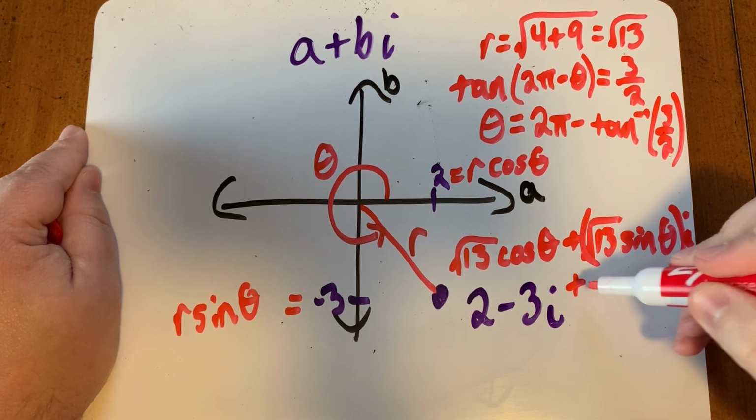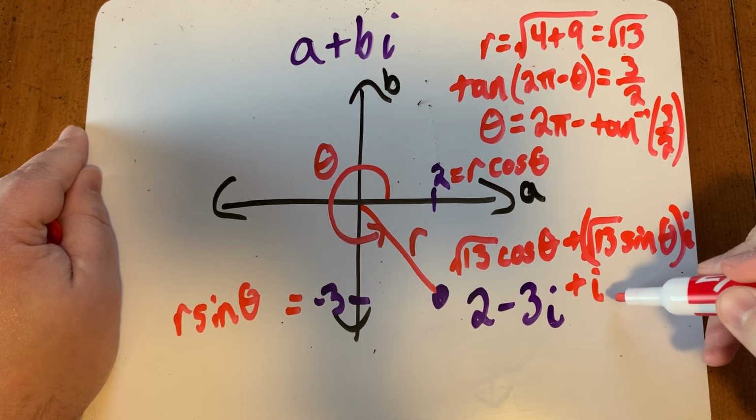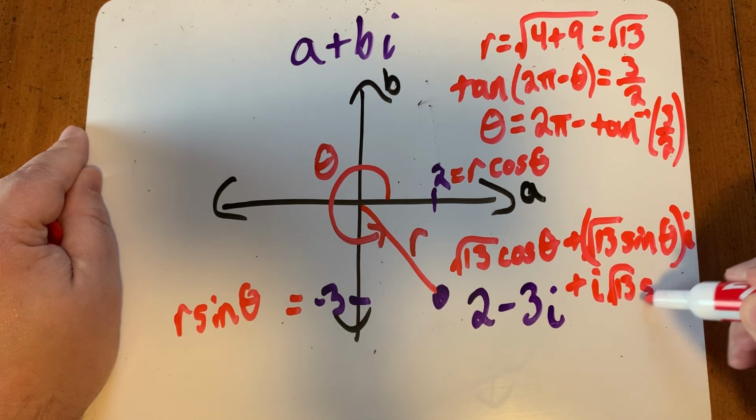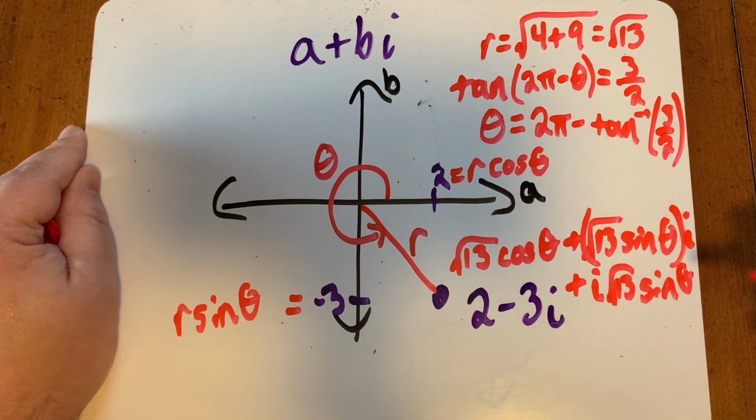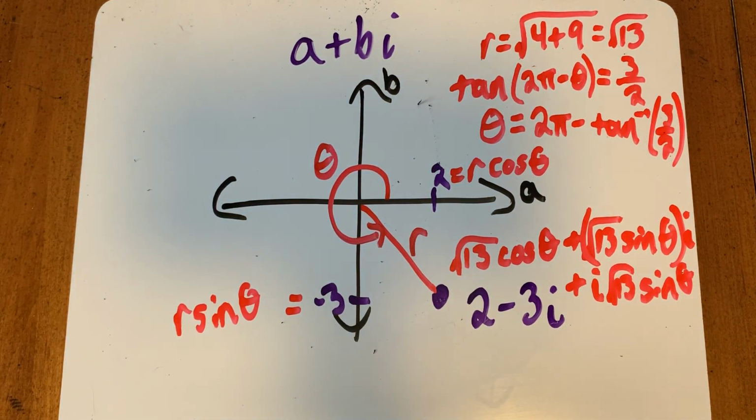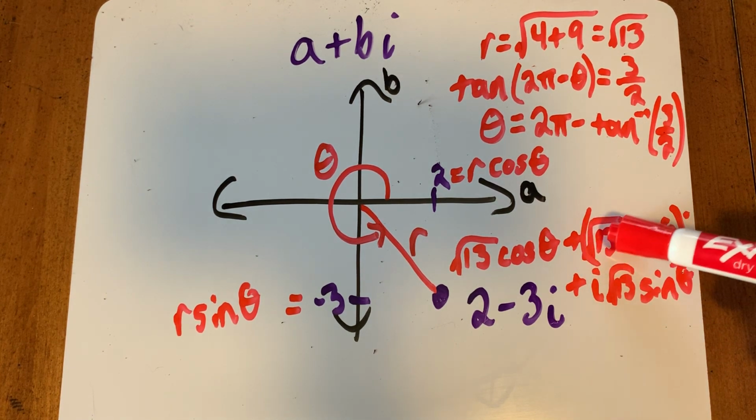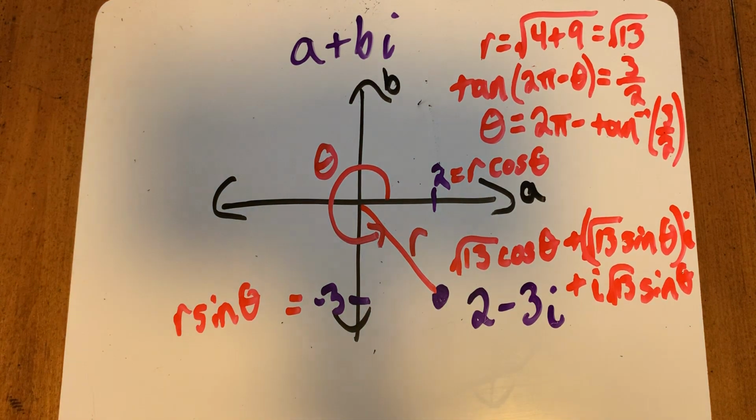Most of the time you'll actually write it as plus i root 13 sine of theta, just putting the i out front. So this number is the same thing as that number. It's just the polar form, also known as the trigonometric form, of that complex number. So they say the same thing.